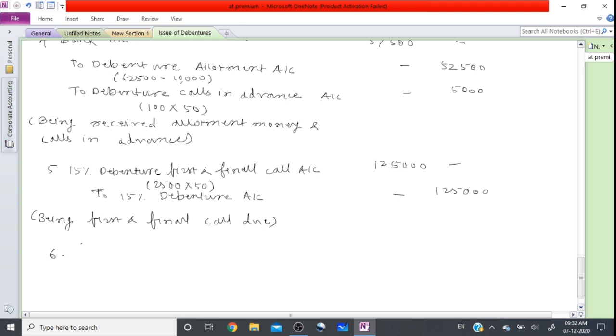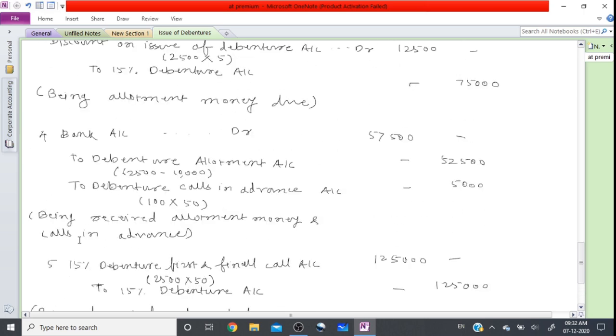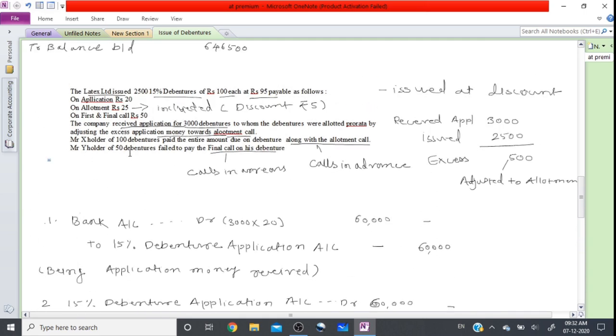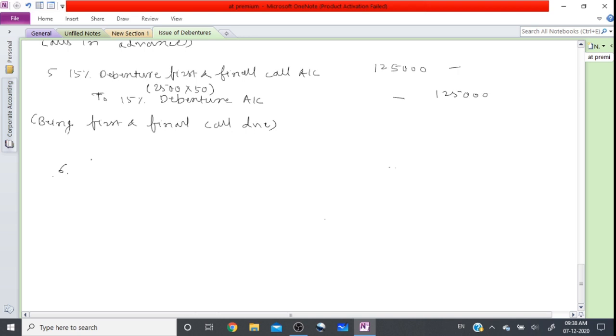There is adjustment for first and final call because Mr. Y, holder of 50 debentures, failed to pay final call on his debenture. So calls in advance is also there, so that we have to consider.